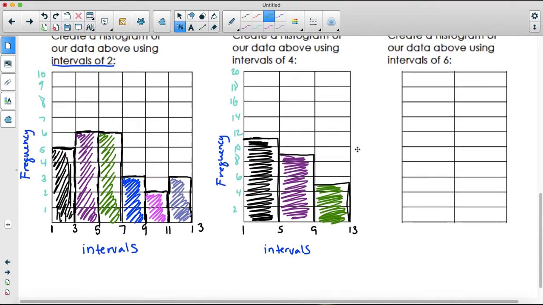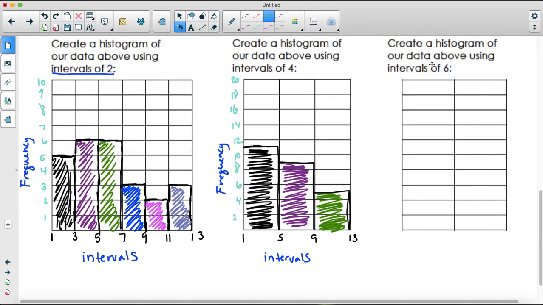So on our last one here, we want to create a histogram of our above data using intervals of 6. So for intervals, we want to have 6 values inside of it. So we want to have 1, 2, 3, 4, 5. I have 1, 2, 3, 4, 5 values and 6 there, that means that my next number should be 7 here. 8, 9, 10, 11, 12.